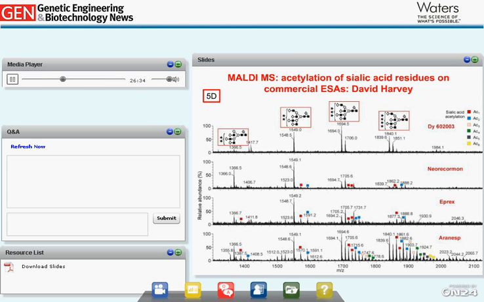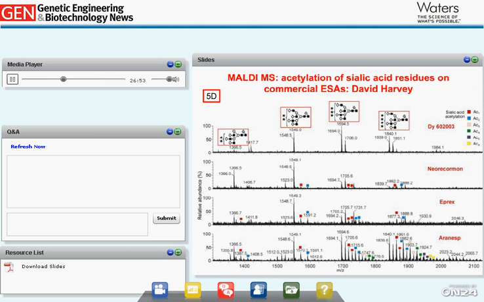And this is a multi-mass spec profile. So I'm giving you these examples of how many different technologies you can use and how deeply you can get into the glycoanalytics. So before you start getting as detailed as this, you need to understand what exactly it is that you need to know.